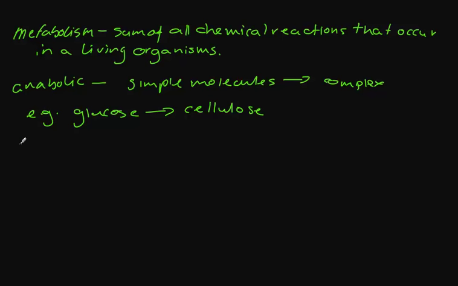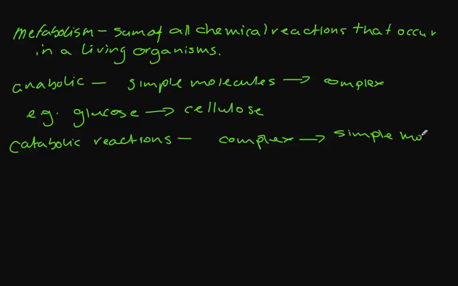And the other type of reaction are catabolic reactions. So these are the opposite, where we go from complex to simple molecules. An example of this would be in the process of digestion, where we take in a vast number of different types of organic molecules and we break them down.